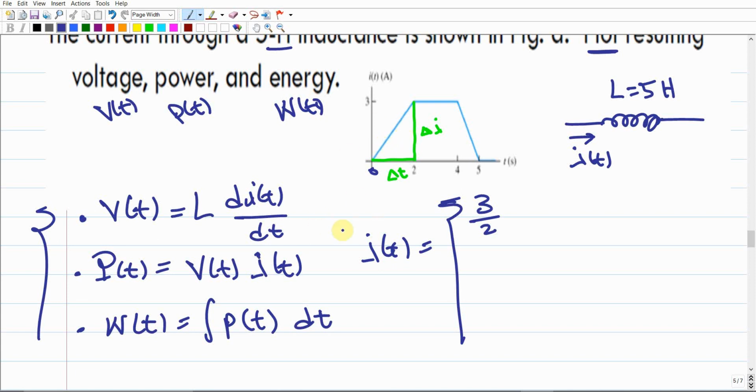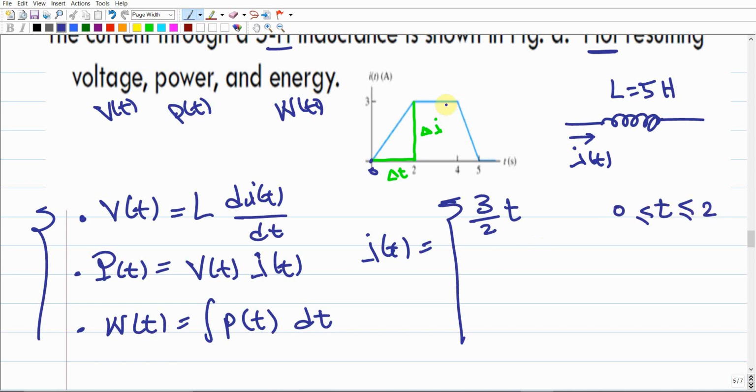It means this line has a positive slope, and the horizontal axis, the x-axis, is the time, plus b0. B in this case should be 0. Why 0? Because this line intersects the y-axis, or the i-axis, at 0. It means the y-intercept of this line should be 0. So it should be plus b, and b is already 0. This is within the time range between 0 up to 2 seconds.